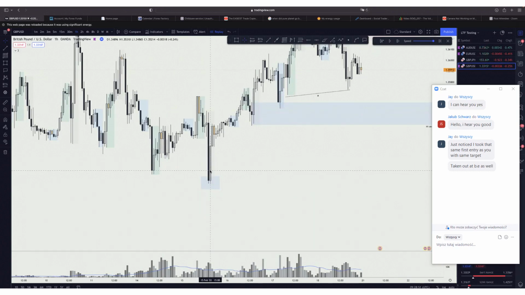Seb, just to dig a bit deeper into that, because the footprint is something that I'm still learning, what would this look like on the footprint? So we'd have heavy selling at the end of this candle within this area. Yes, we'll see heavy selling clusters and also heavy buying clusters.